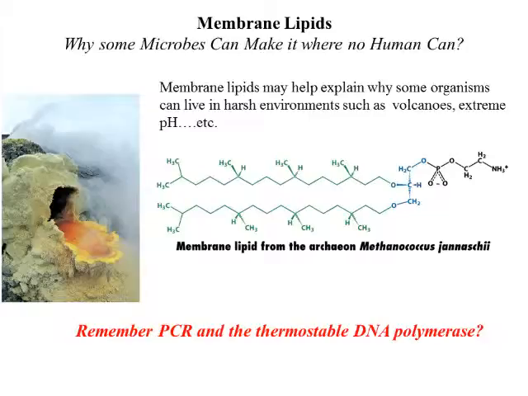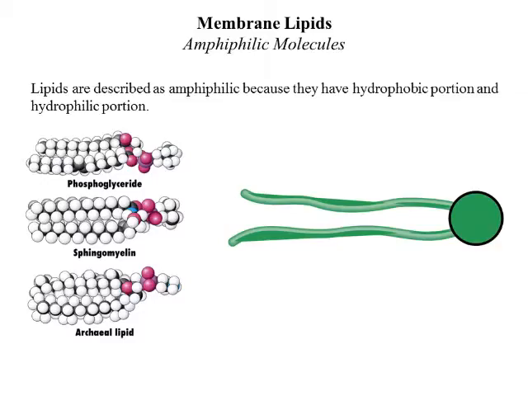It's an O with two R's. That's ether. That's stronger than the ester bond. And so you have more added strength because of the type of attachment of the fatty acid to the glycerol. So that makes it more resistant.